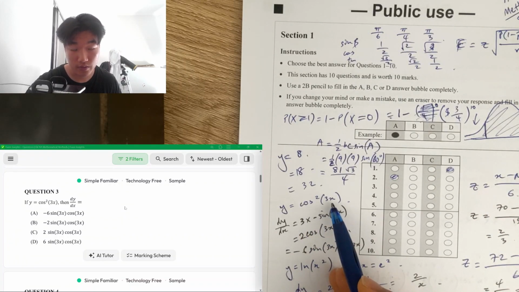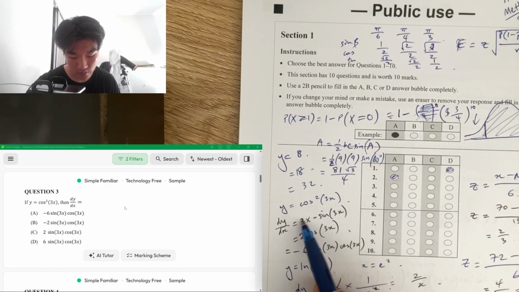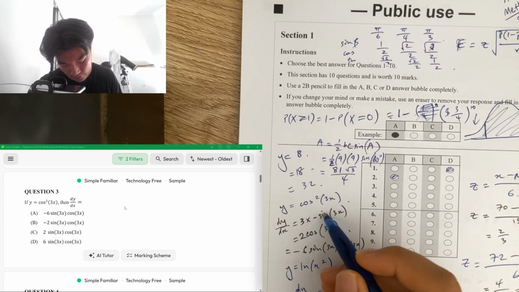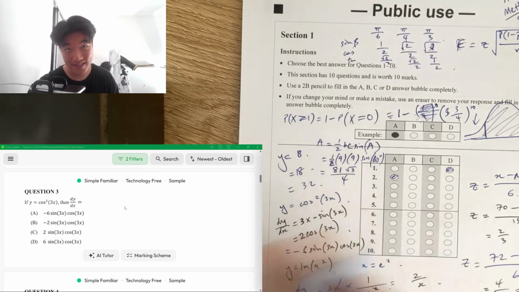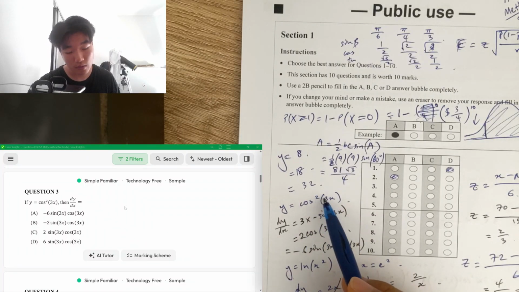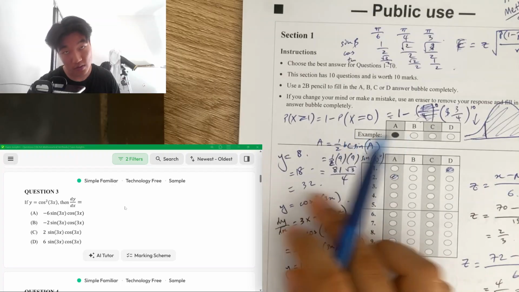First, we derive the inside of the bracket. So it's 3, because 3x becomes 3, right? We just take the coefficient. When we derive cos, we get negative sine, and whatever's inside the brackets stays the same, so it's 3x. Then we have the square to derive, so we just ignore what's inside.